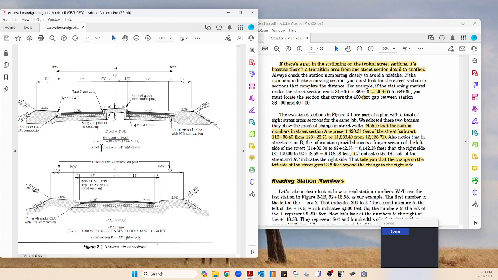And again, that's the same thing as saying 11,838.40 to 12,300. Sorry, just trying to focus in on it. I can't read it.